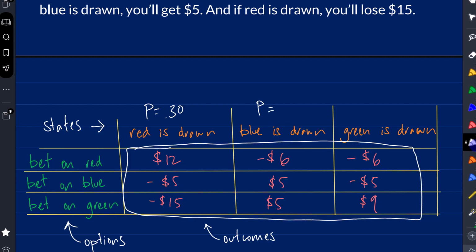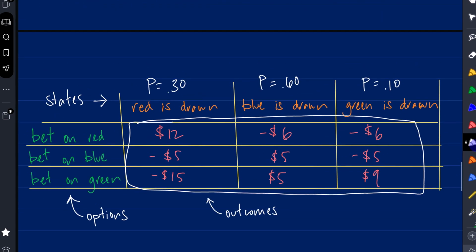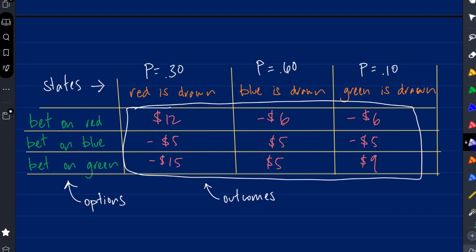Probability of a blue marble being drawn is 60%. And the probability of a green marble being drawn is 10%. Do I have that right? Yes. Okay, so that's additional information that we're going to want to use if we're making a decision. And so we'll include it in our table as well.